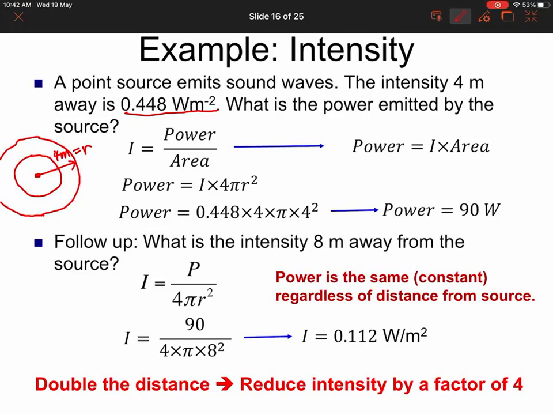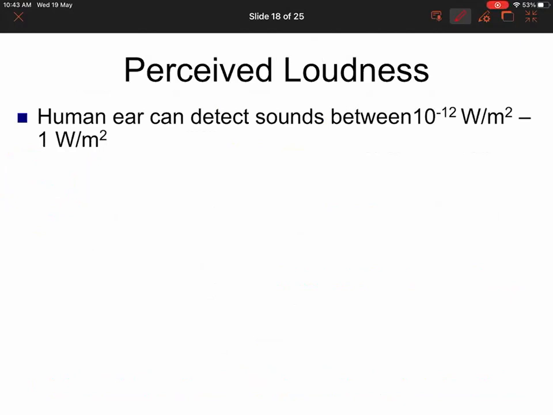But the human ear is quite dynamic in the range of intensities that it can detect. We can hear a whisper, which is a very, very small intensity. At the same time, we can hear a jet plane flying by, which is very loud. So the human ear can detect sounds in a wide range of intensities, 10 to the minus 12, very soft, to 1, which is very loud.